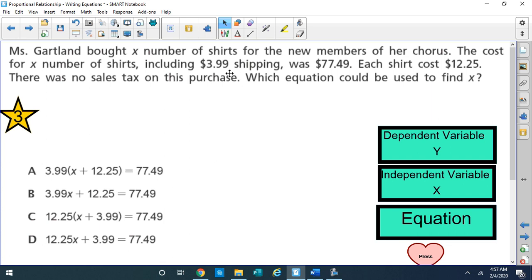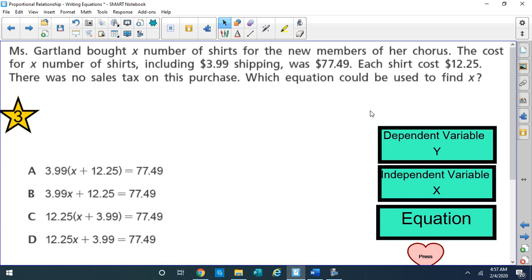So it's not a constant of proportionality question that we're dealing with. Also, we're dealing with some type of equation that has an extra value that's added to it. So we'll talk about that in 8th grade. But each shirt costs $12.25. There was no sales tax on this purchase. Which equation can be used to find X?